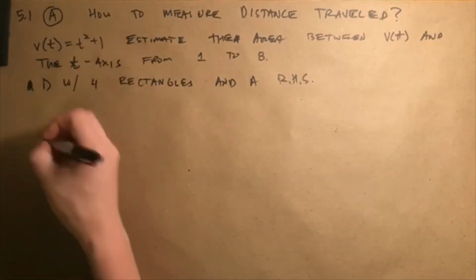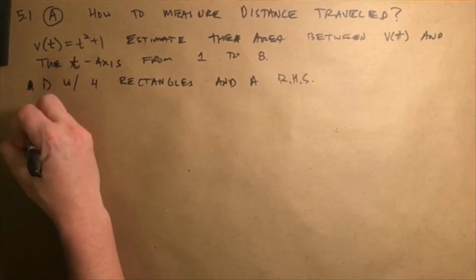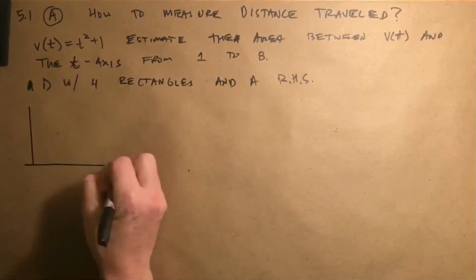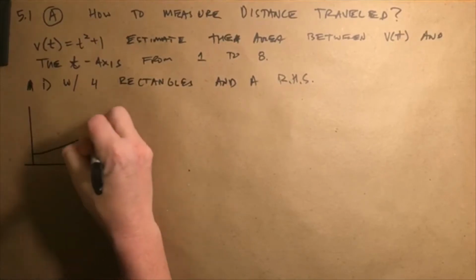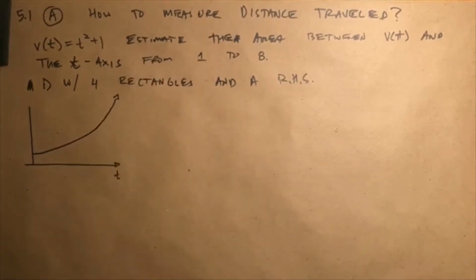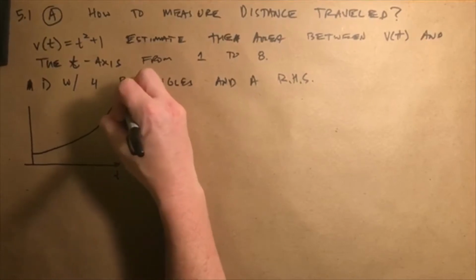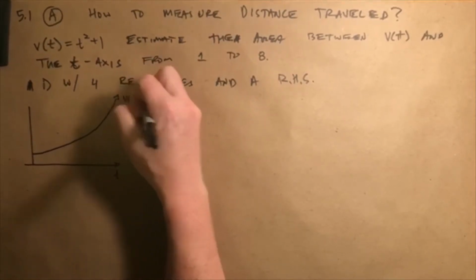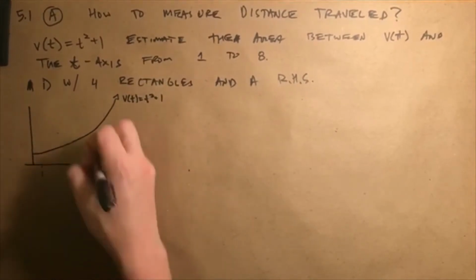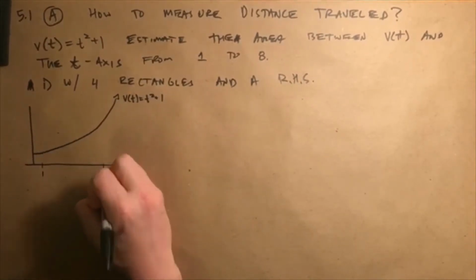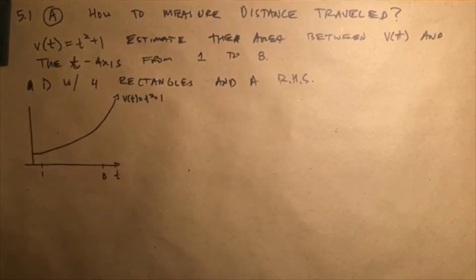I'm going to draw this just to have a sense as to what it is we're looking at. We'll have a t-axis, and it should look something like this. Now, it's not as beautiful as I am, but so be it. There's v of t is equal to t squared plus 1. And I want to go from 1 all the way to 8, and we're going to estimate that area.